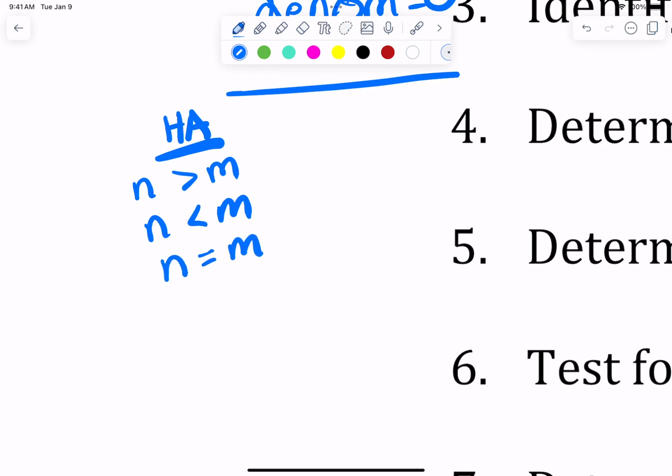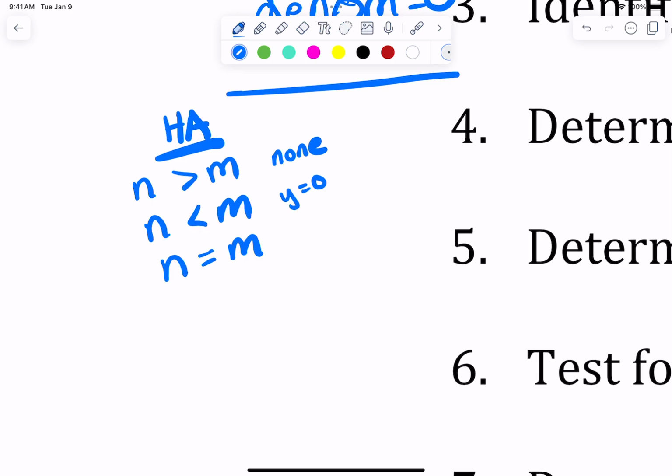Okay, N and M. If N is bigger than M, if it's top heavy, what happens? It falls over and there is none. If it's bottom heavy, if N is smaller than M, it's going to sit at 0. y equals 0.